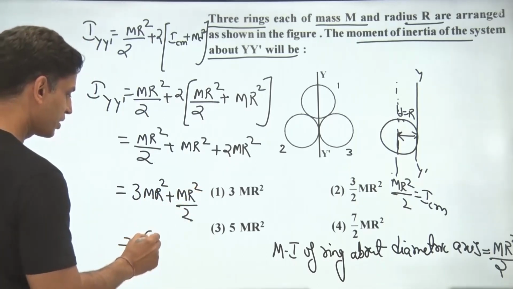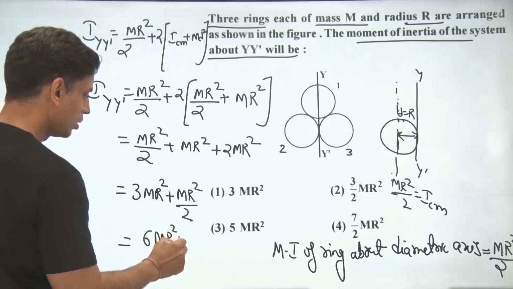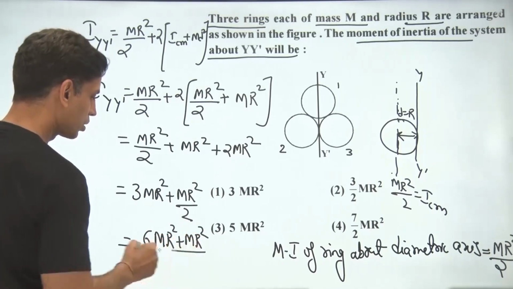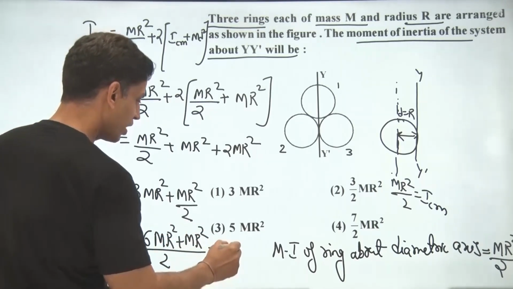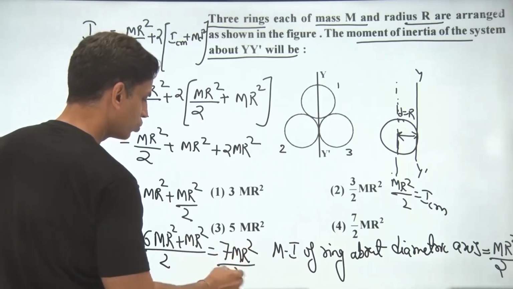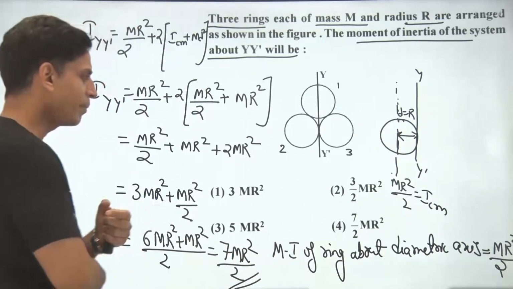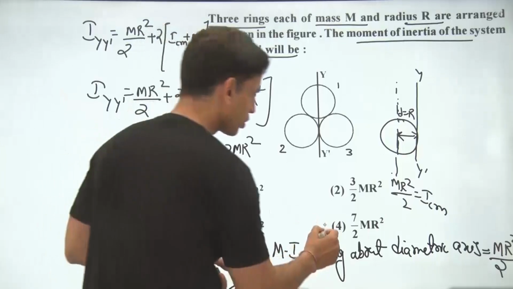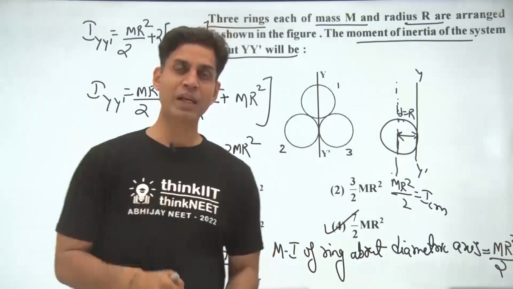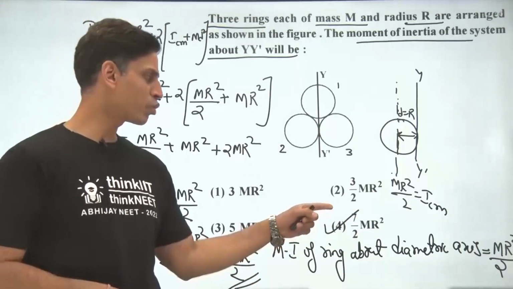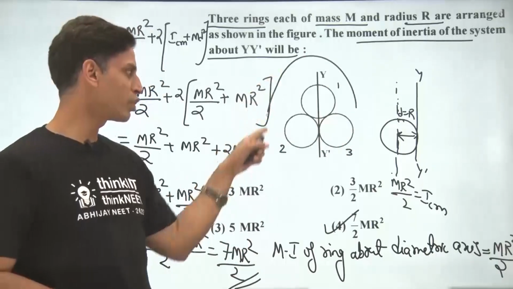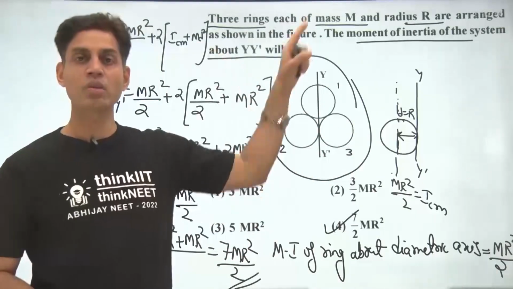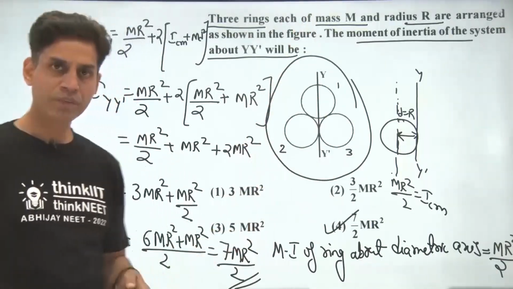So it comes out to be 6 MR square plus MR square by 2, that is 7 MR square by 2. 7 MR square by 2, that is option number 4. Option number 4 is the correct answer. 7 MR square by 2 is the moment of inertia of this system about the axis Y dash. Got it?